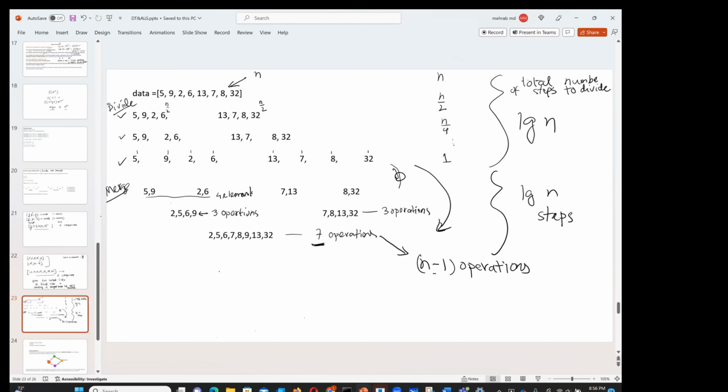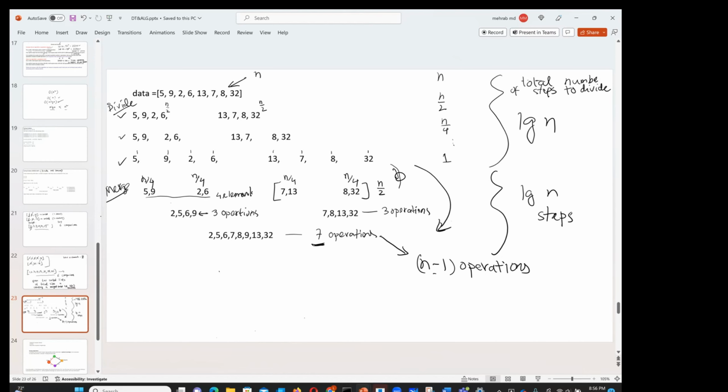In the previous step, how many operations did I need? The list size was n by 4 here, and n by 4 here, right? So in total, how many elements were in these two lists? n over 2 elements, right?